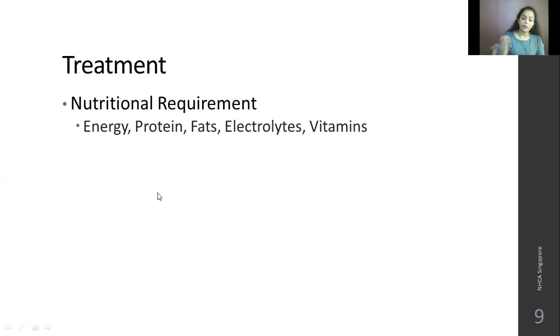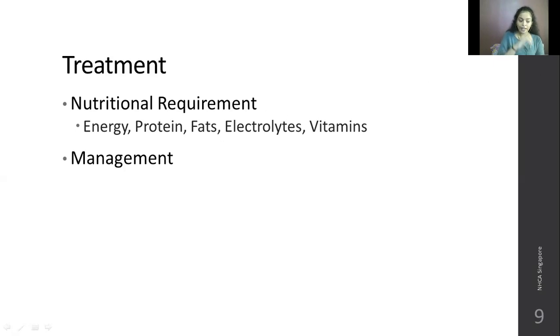After giving these 50,000 international units in a single dose, slowly every day 5,000 units will be given until the child is getting a speedy recovery. Till that time, this has to be maintained.